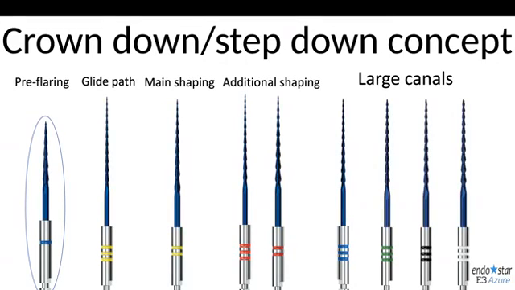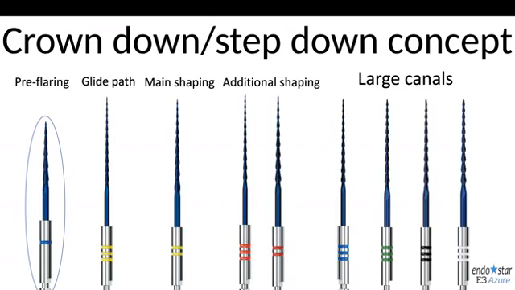So now let's talk a little bit about the philosophy of this instrumentation and the philosophy of our shaping. Our philosophy is a crown down, step down concept. And we have to take this new instrumentation that I started with 6 months ago, and adapt this instrumentation to this philosophy of crown down and step down system.